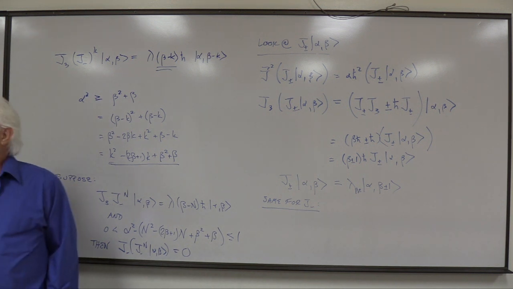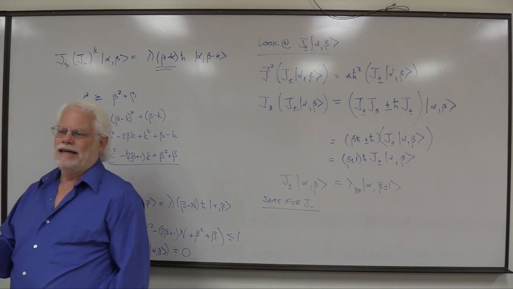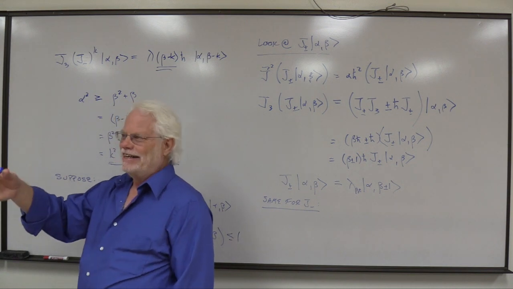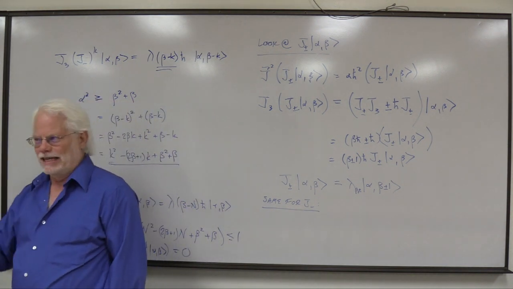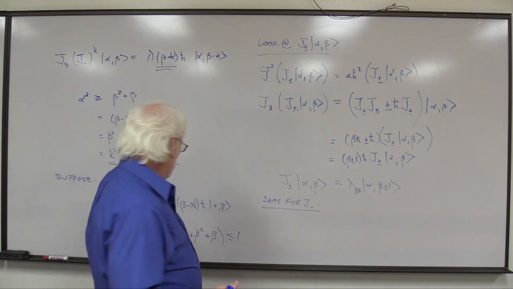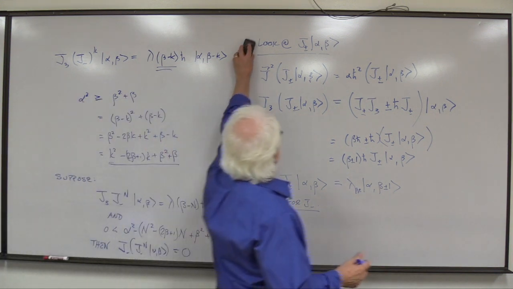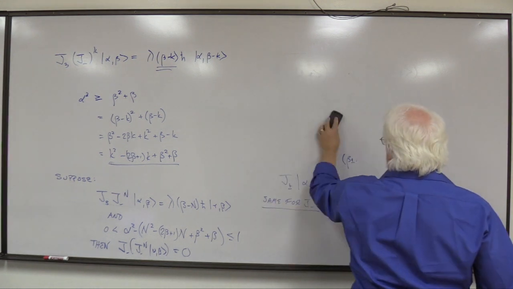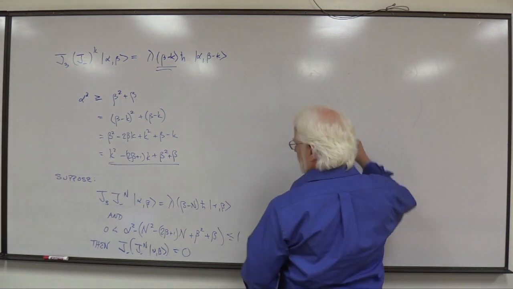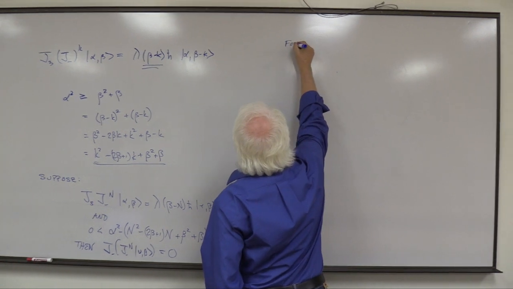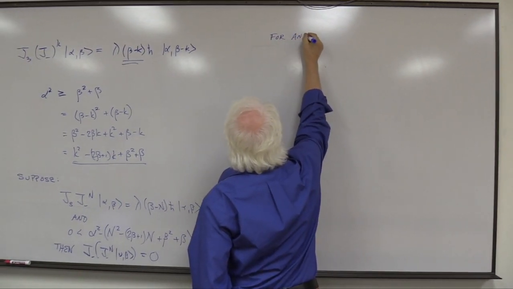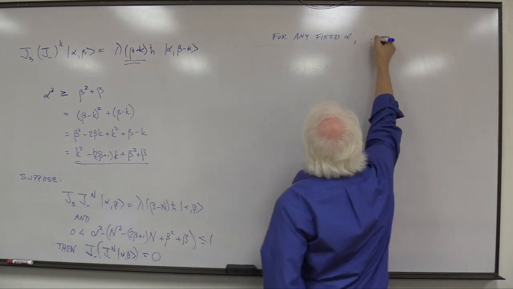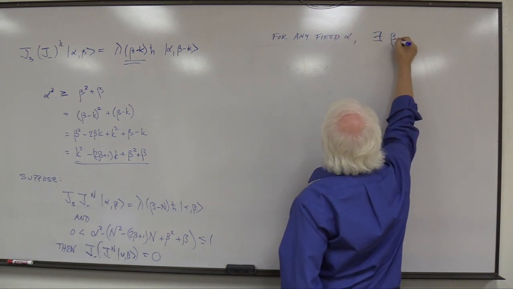Well, it's like the simple harmonic oscillator, like A acting on the vacuum state, the ground state. A kills the vacuum state. Okay, so what this means is that there's a minimum value for beta. For any fixed alpha, there exists beta min.